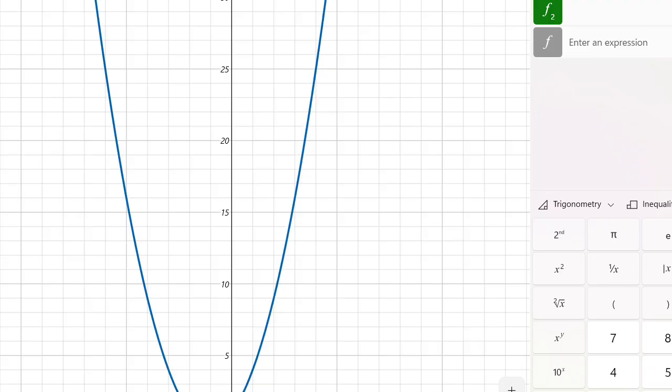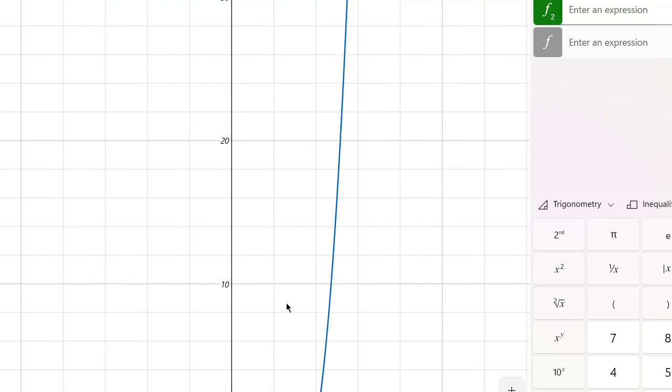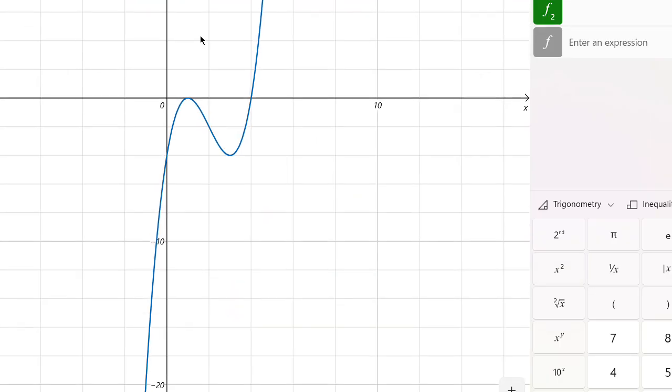If you should visualize it, that's x to the power 3 minus 6x squared, positive 9x minus 4. And this is it. So if we now check, remember we said that the absolute minimum is what?